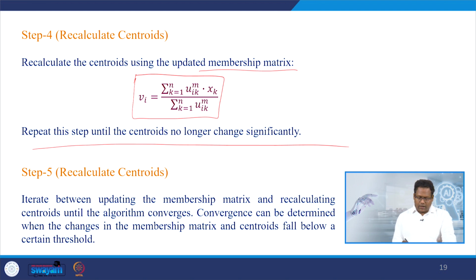Step 5 is recalculate centroids. Iterate between updating the membership matrix and recalculating centroids until the algorithm converges. The convergence can be determined when the changes in the membership matrix and the centroids fall below a certain tolerance value.